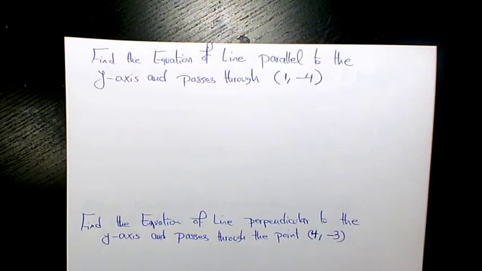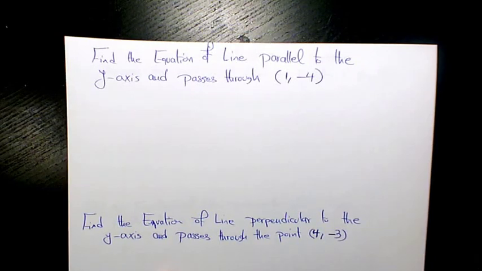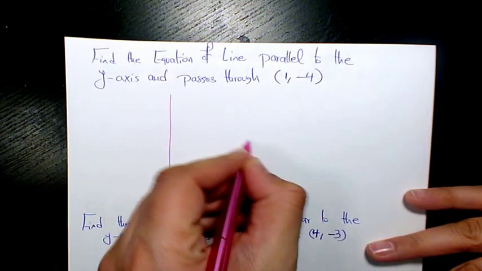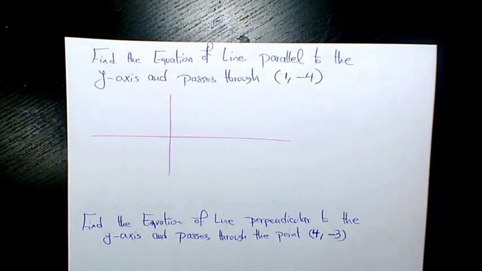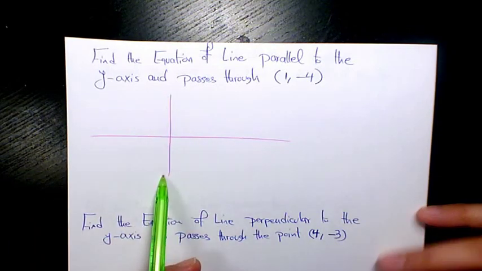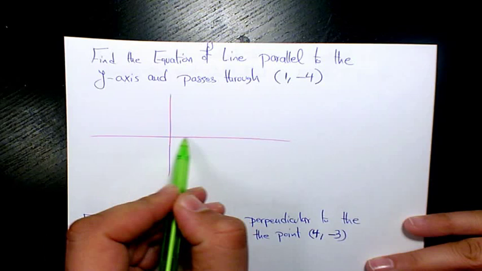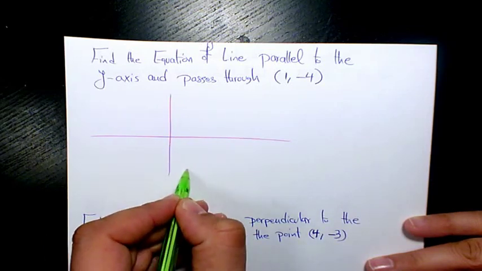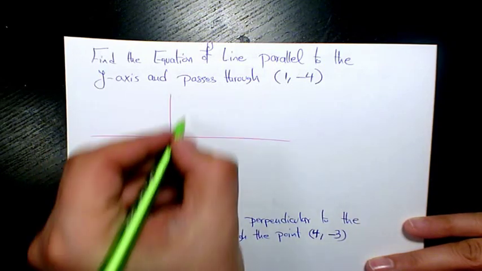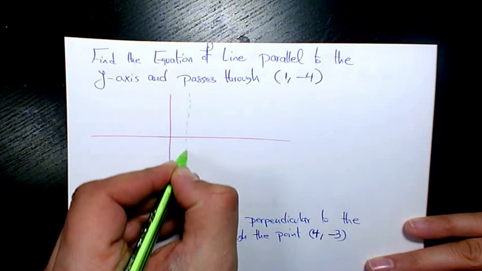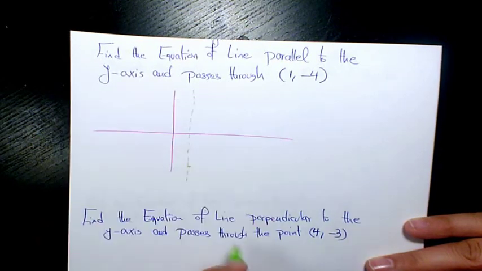Now in this example it says find the equation of the line parallel to the y-axis that passes through the point (1, negative 4). This is the y-axis. The point is positive 1 and negative 4, so it's going to be somewhere like that, and parallel to the y-axis is going to be something like that.